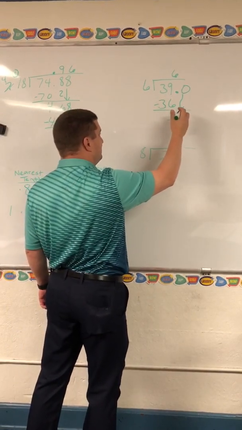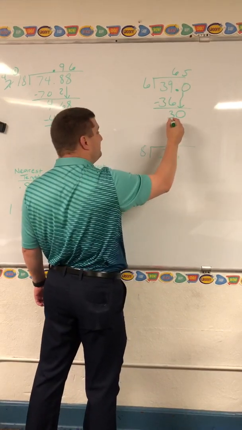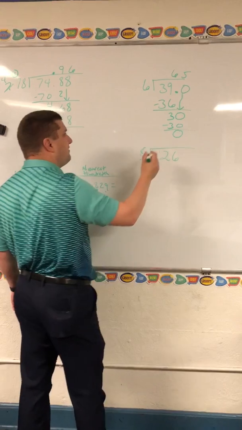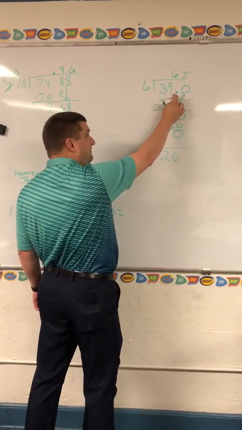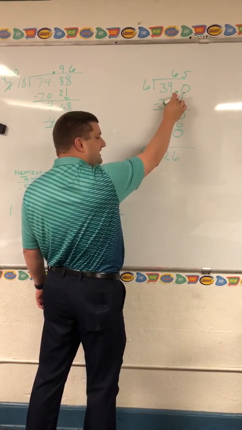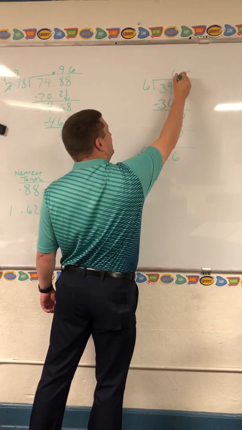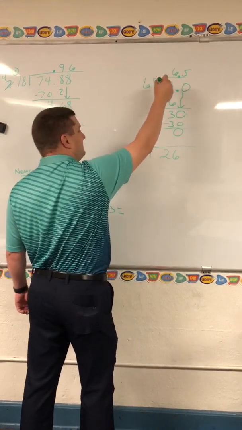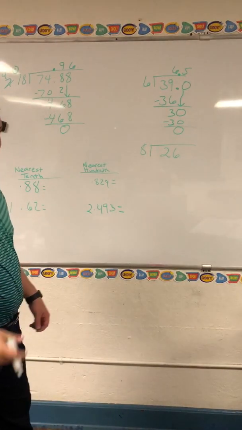Okay? 6 goes into 30 5 times. 5 times 6 is 30. And now you have a remainder of 0. Okay? Pay attention to your decimal. If you remember back from the day 1 instructions, when you have a decimal in a dividend, you place the decimal directly above in the quotient. So 6 into 30 is 6.5 or 6 5/10.